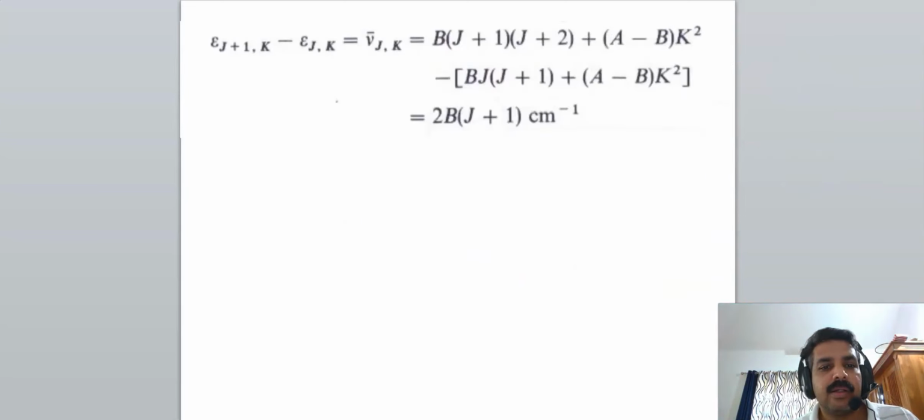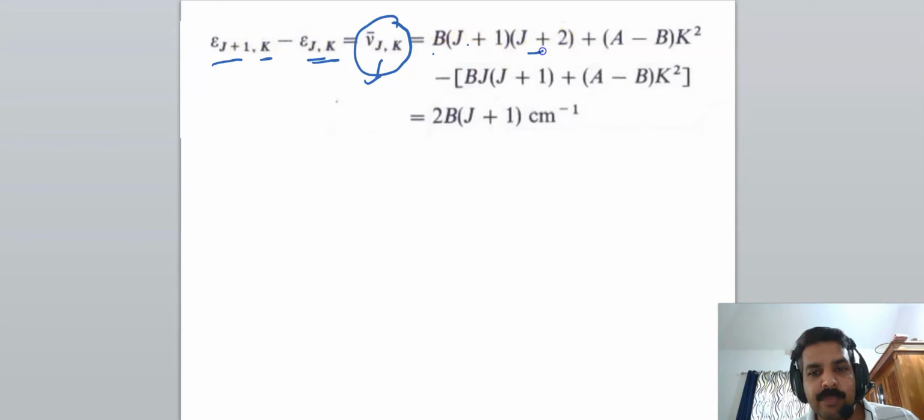By taking the difference, the energy of the J plus 1 state with the same K value minus epsilon JK, we get the frequency of absorption. It is B into J plus 1 into J plus 2 plus A minus B K square, minus B into J into J plus 1 plus A minus B K square.